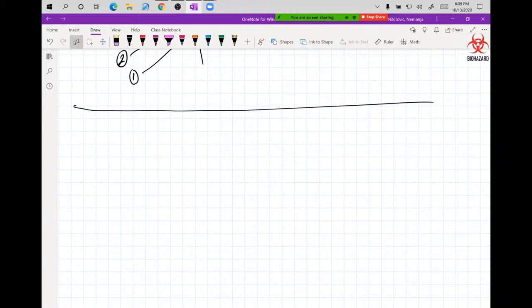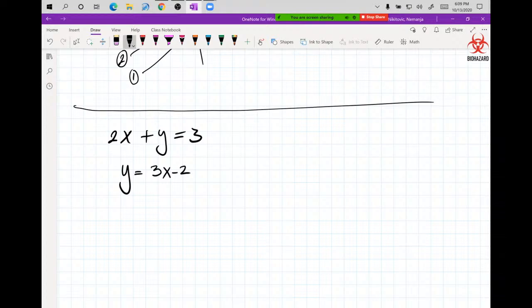Let's go. So let's say you have 2x plus y equals 3, and y equals 3x minus 2. So here's your line 1, here's your line 2.